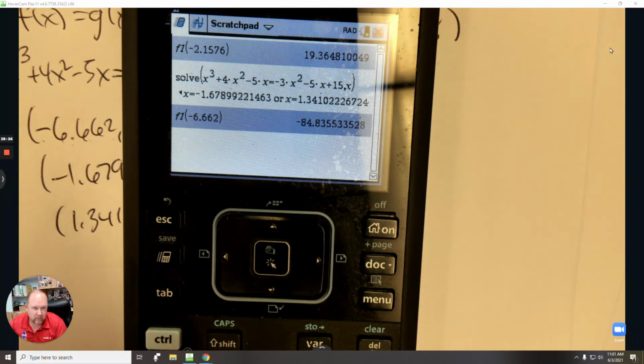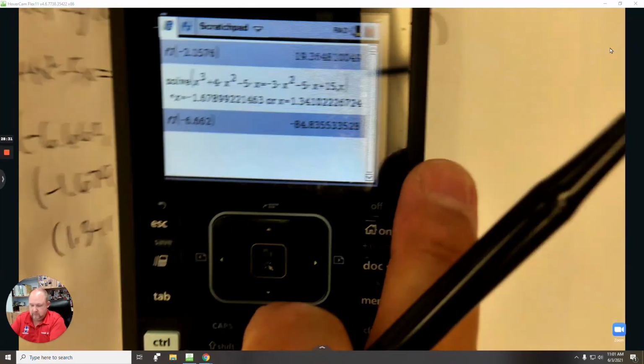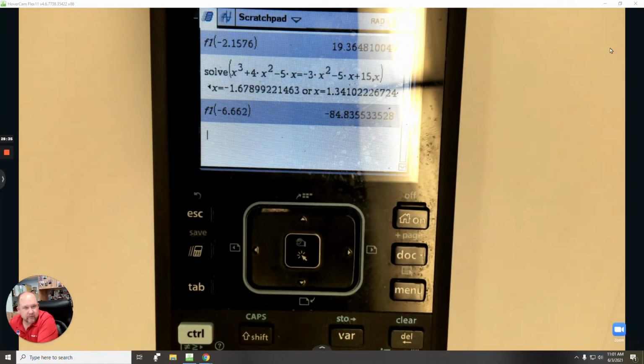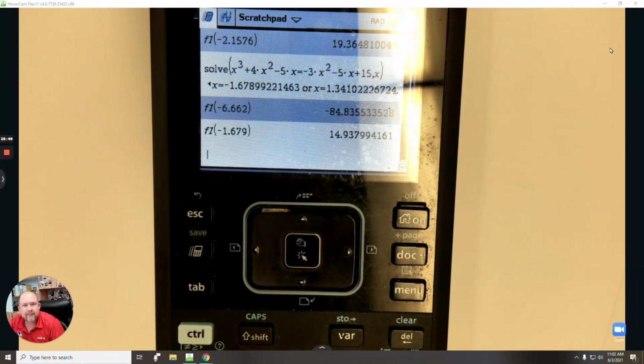The first y-coordinate is negative 84.836. The next one, f1 of negative 1.679, Control Enter. The next y-coordinate is 14.938.